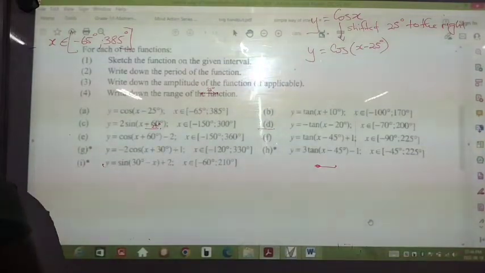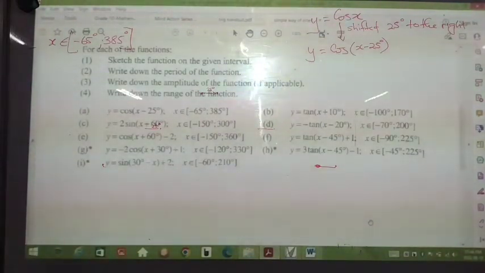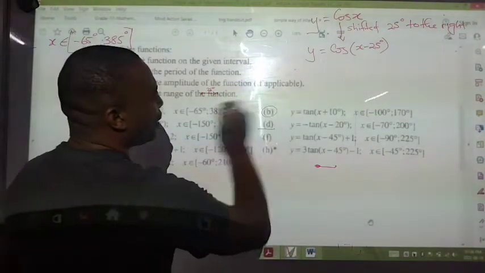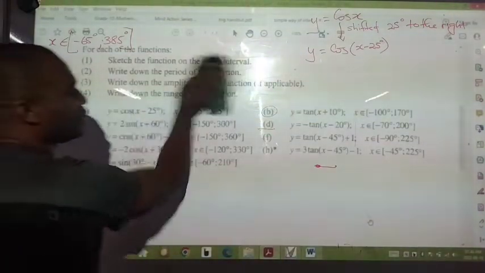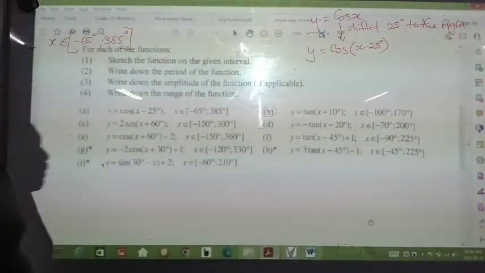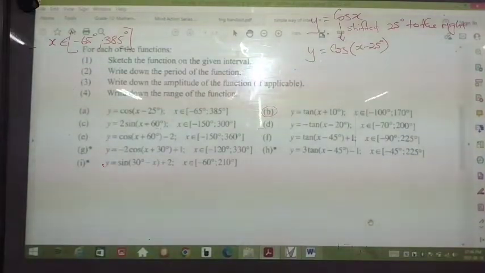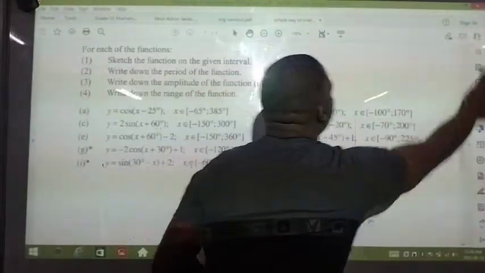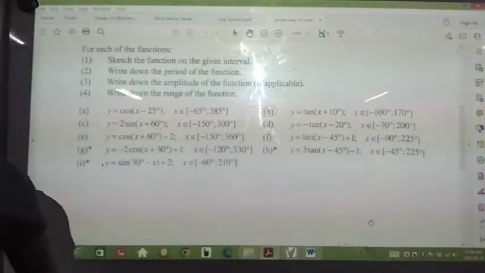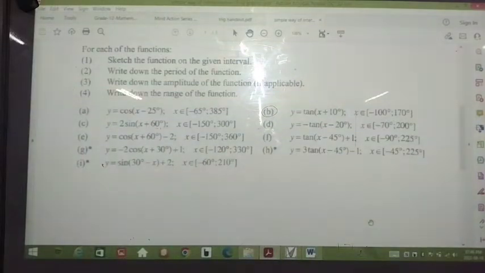Let's say we pick B. Let's take B. Y is equal to tan x plus 10 degrees. So we'll start from the basic graph. And the basic graph is the graph of tan.